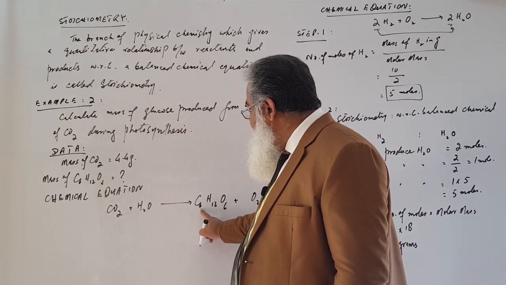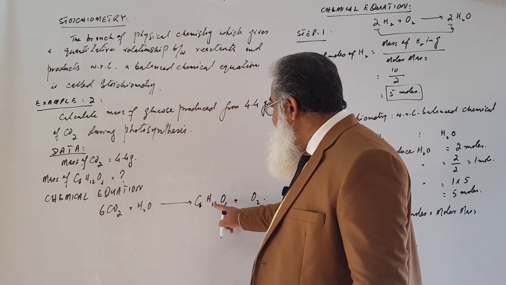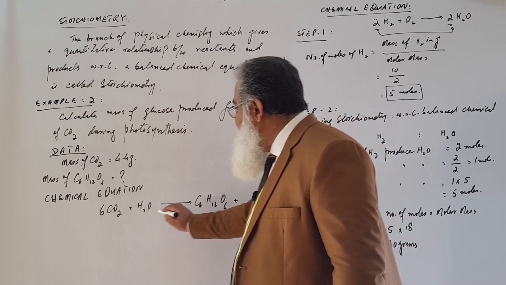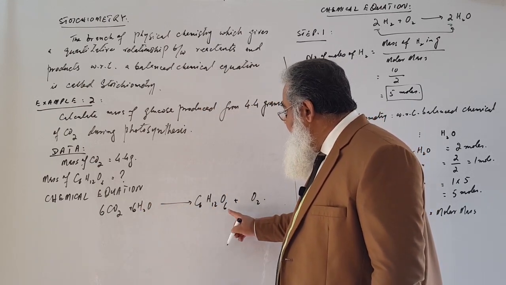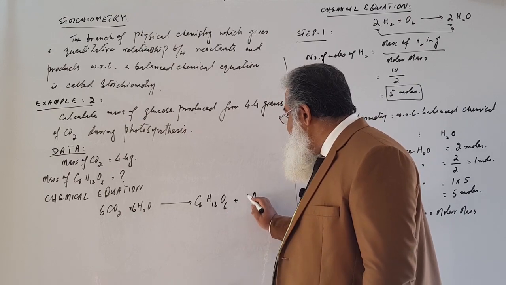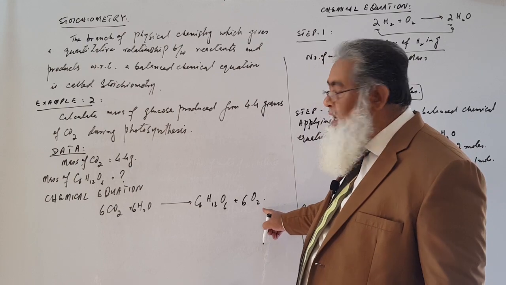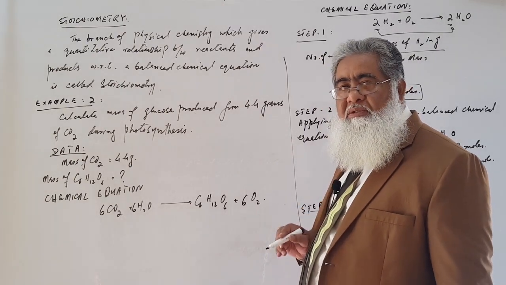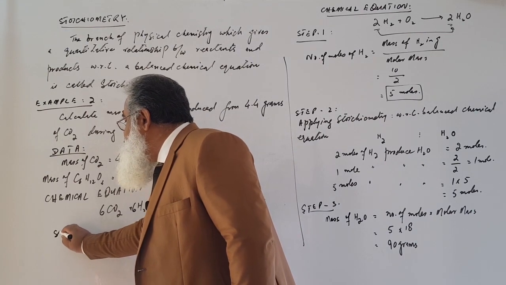Now here there are 6 moles, hence 6 moles of carbon dioxide. Here are 12 moles of hydrogen atoms and 6 moles of water. Now 6 moles of oxygen are used, therefore 12 moles of oxygen atoms or 6 moles of oxygen will be produced. Now we have to solve the numerical solution.